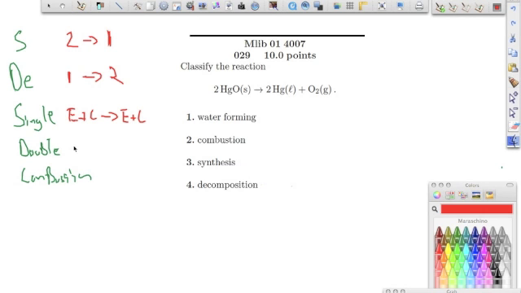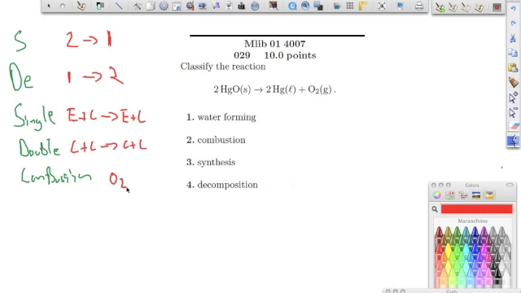In a double replacement reaction, we have a compound plus a compound, and it produces a compound plus a compound. And in a combustion reaction, we have oxygen reacting with some type of carbon compound.